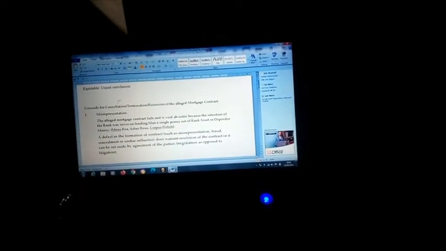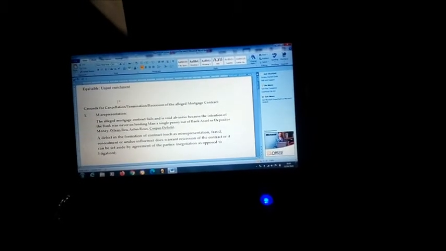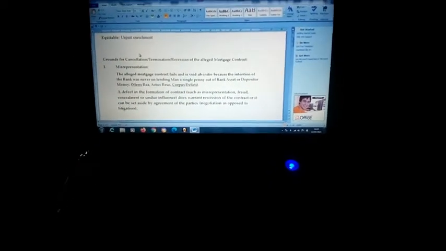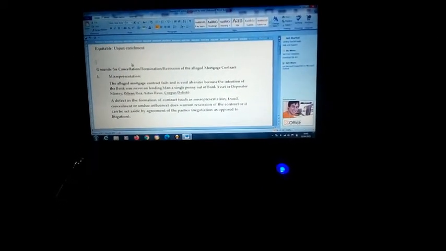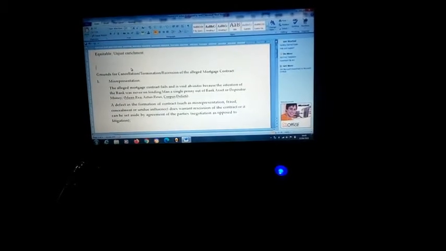The intention of the bank was never on lending man a single penny out of his assets or depositor money. Okay? So a defect in the formation of contract, such as a misrepresentation, fraud, concealment, which you're very good at, and undue influence, does warrant rescission of the contract.